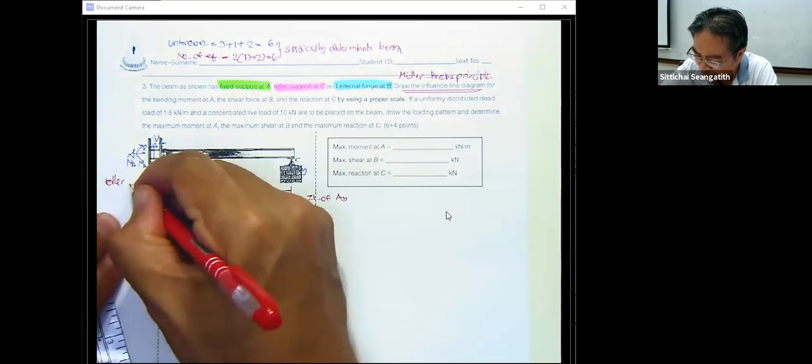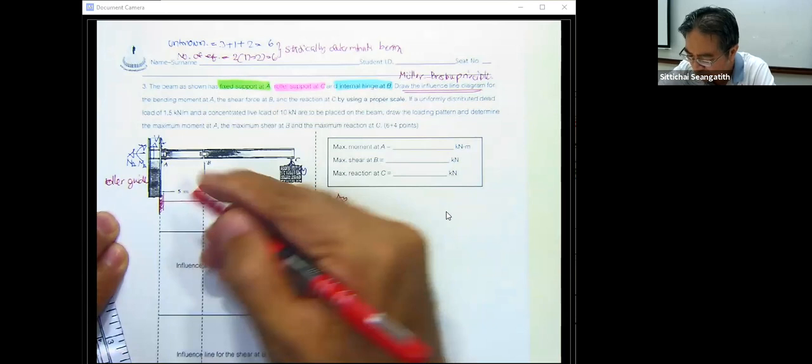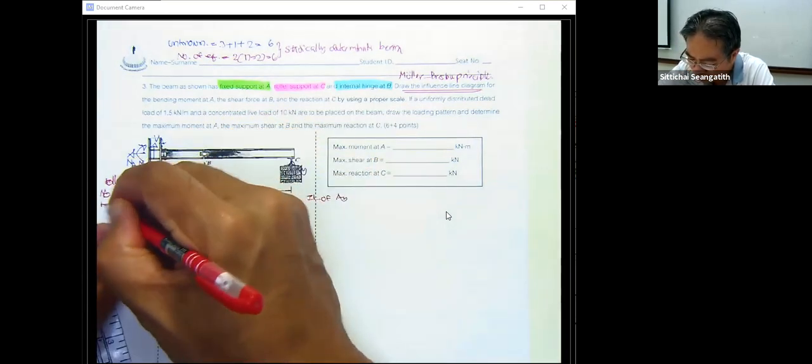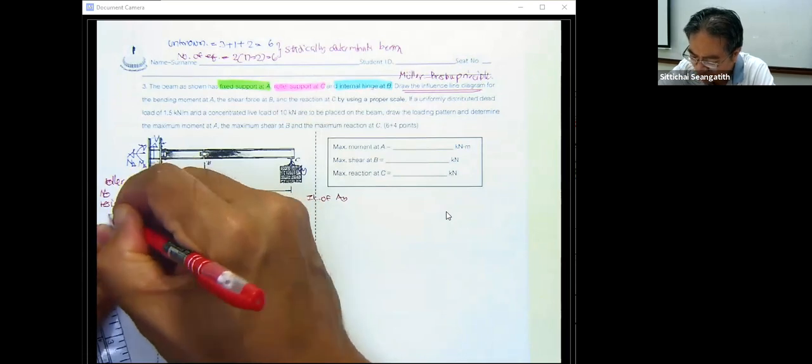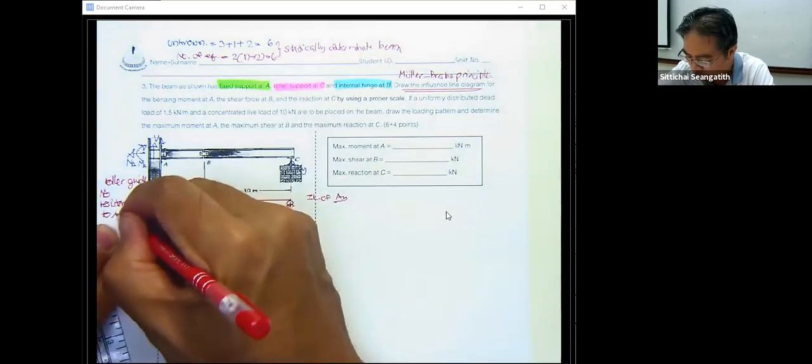This roller guide has no resistance to A sub y.